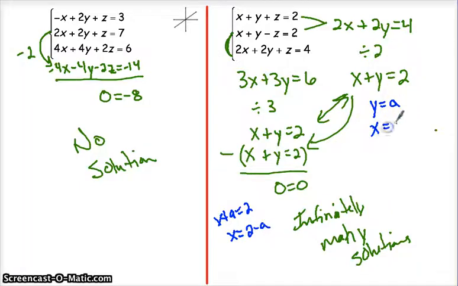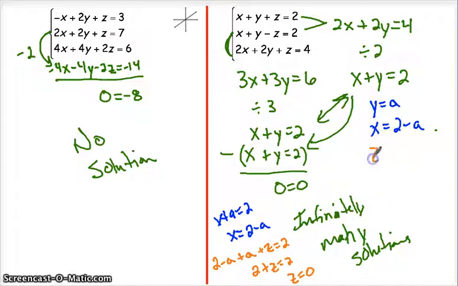So x equals 2 minus a. And if we take both of those and plug them back into an original equation, that means that 2 minus a plus z equals 2. And therefore 2 plus z equals 2, and z always has to equal 0.